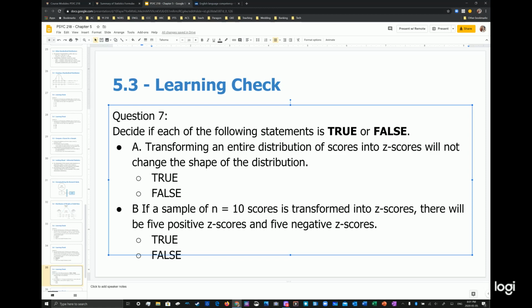This is a concept definition question. And B, if a sample of 10 scores, where the sample size n is 10, is transformed into z-scores, there will be 5 positive z-scores and 5 negative z-scores. True or false? Second one, you might need to think about this a little bit. Notice the assumption it's making in the second part of that sentence, there will be 5 positive z-scores and 5 negative z-scores. Take a moment and think about that.